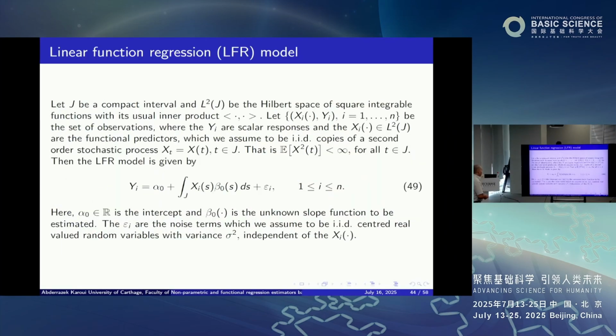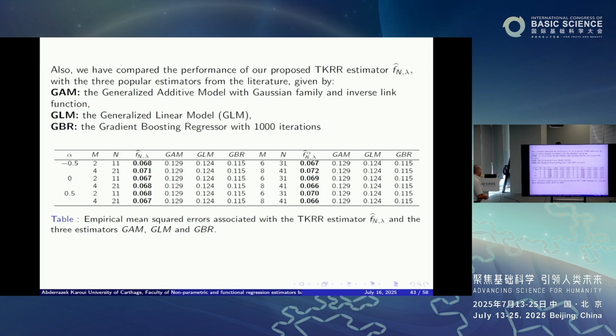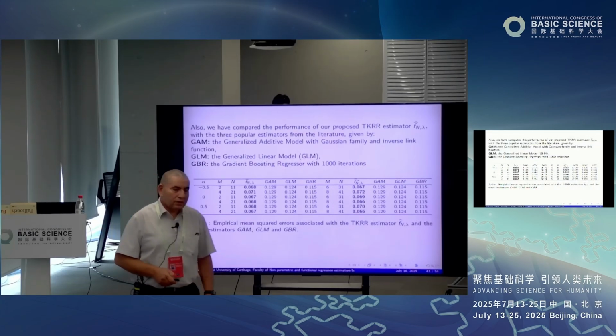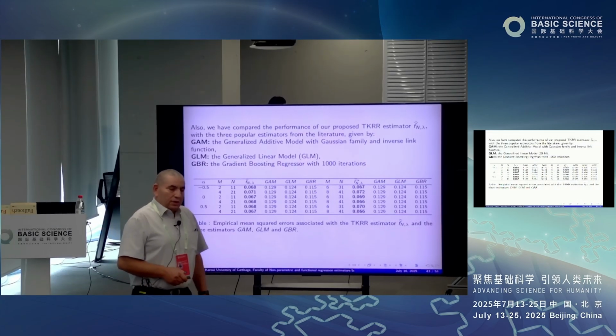You have 1,000 data points, and your f hat, you said it's an error. Well, actually, yes, the empirical mean squared error associated with the truncated kernel. So you only look at the error at the 1,000 data points. Exactly.